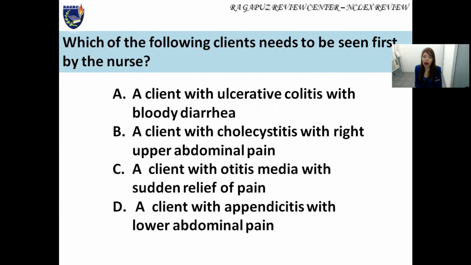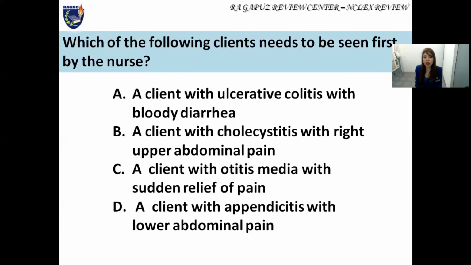Or letter D, a client with appendicitis with lower abdominal pain. Okay, so we do the process of elimination. You have to eliminate letter A. Why? A client with ulcerative colitis with bloody diarrhea, that is something that is expected. As a matter of fact, since that is an inflammatory bowel disorder, bloody diarrhea can be up to 10 or more than 10 episodes per day.